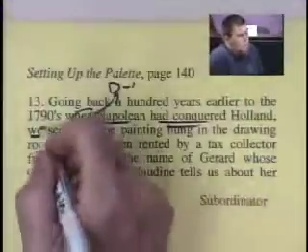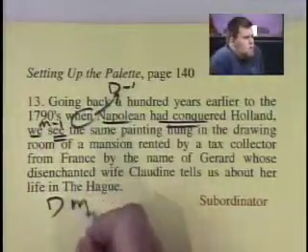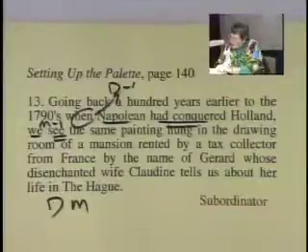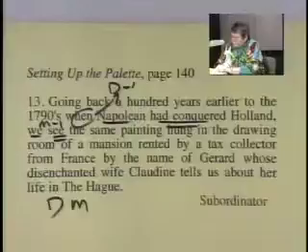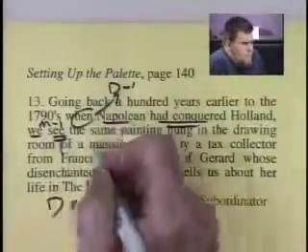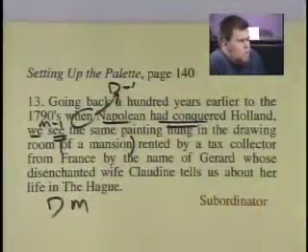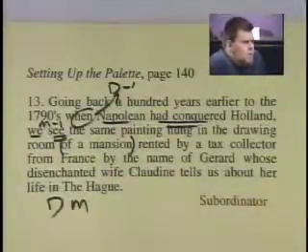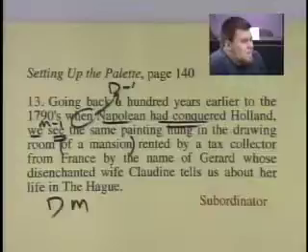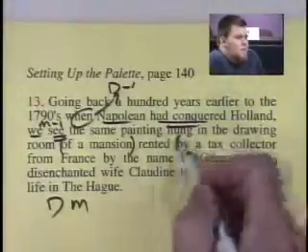Main. It is a main clause. Where's your next subject? Painting. We see the same painting hung, no. Mansion. A mansion is going to be a what? Prep phrase. Right. I think you have to go further down the road. Tax collector. No, you're guessing. That's going to be the object of another prep phrase.